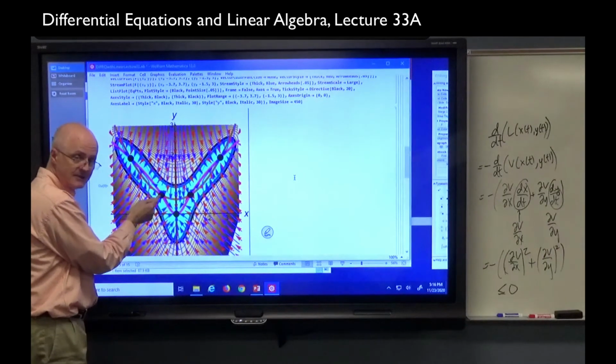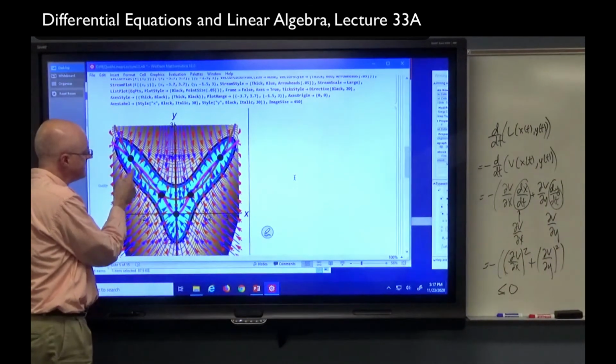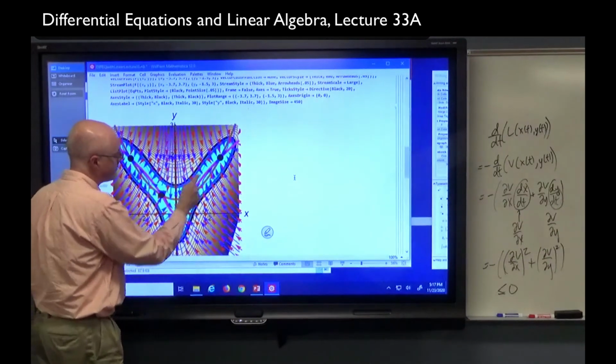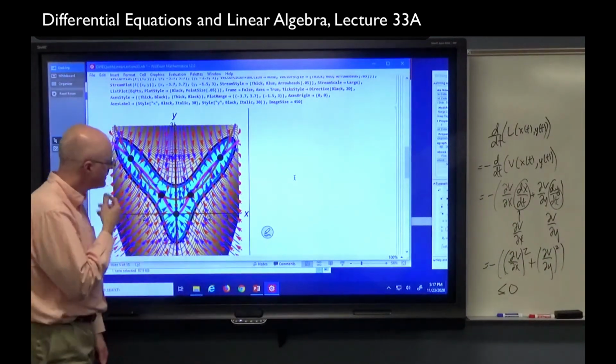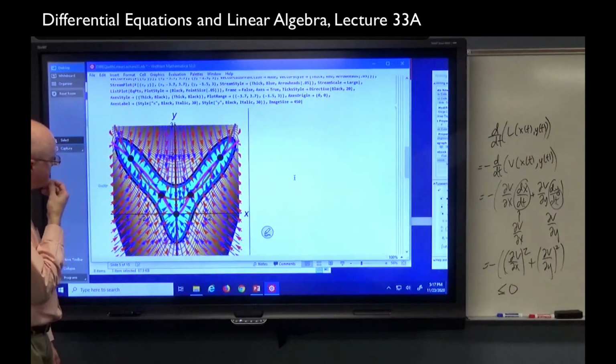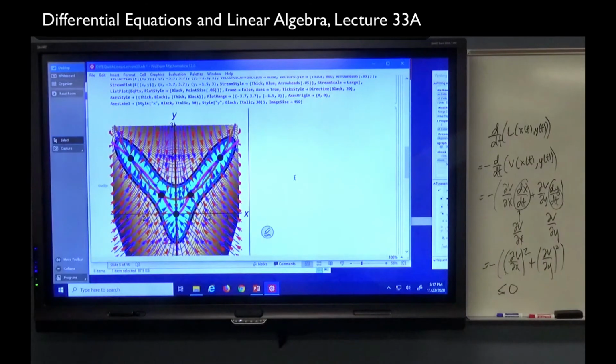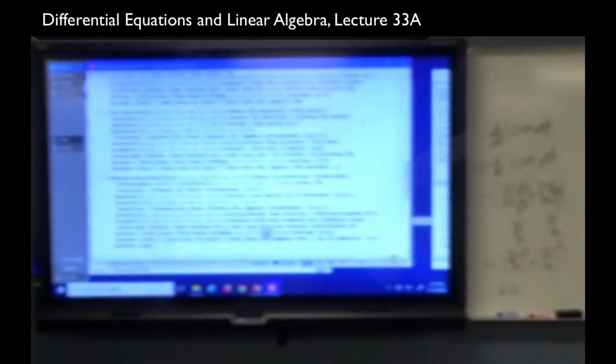Goes to that point as t goes to -infinity, and this point as t goes to +infinity. Another separatrix that goes from here to here, another one from here to here, and another one from there to there. Those 5 equilibria, along with those 4 separatrices, are going to be the solutions that stay inside the trapping region for all t. Not a periodic solution in this case.